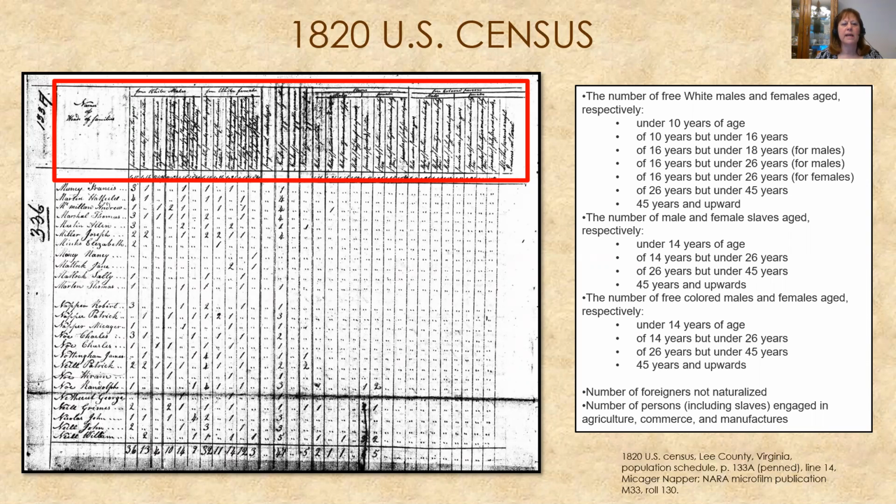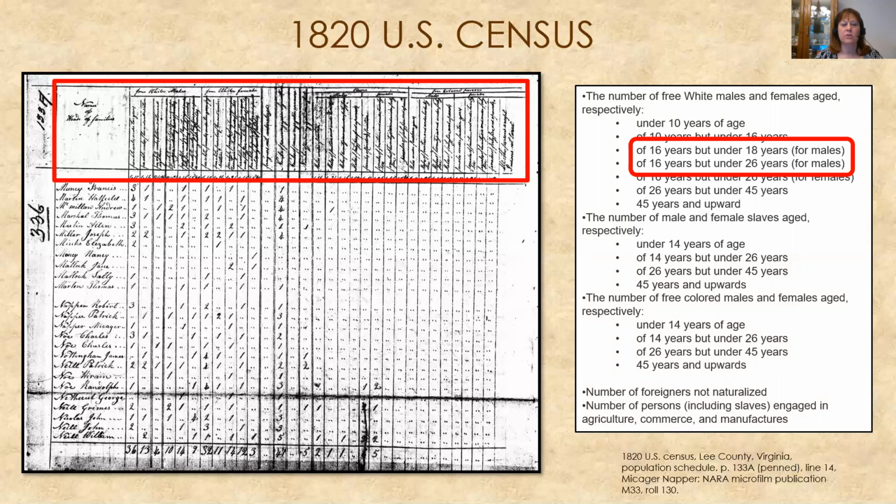Another unique age listing added for 1820 was a category of free white males of 16 years but under 18, and a category for free white males of 16 years but under 26 years. It is great information for narrowing down the age of a male aged 16 and 17 in 1820.